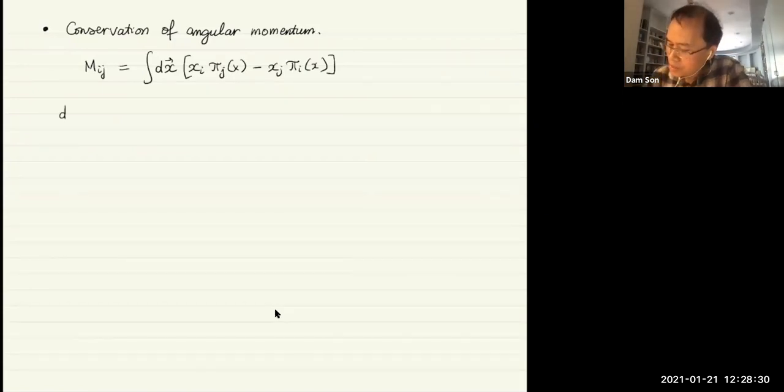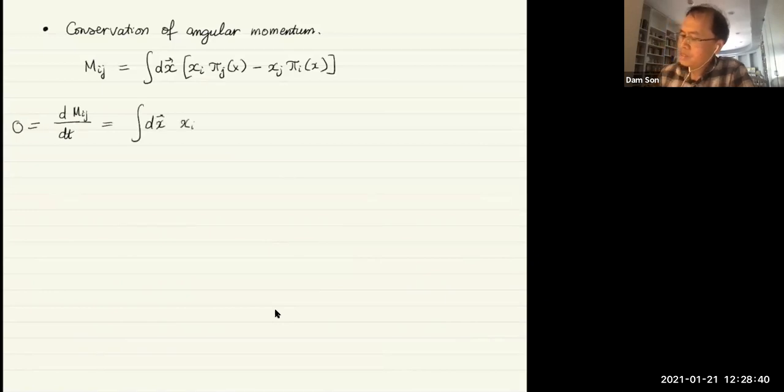So if we require this to be 0, that is the integral of dx x_i d pi_j/dt minus the same with i and j exchanged.